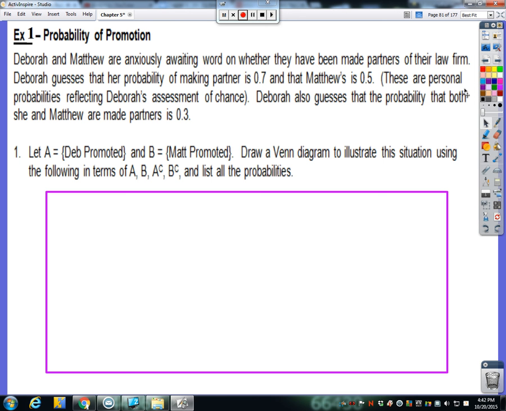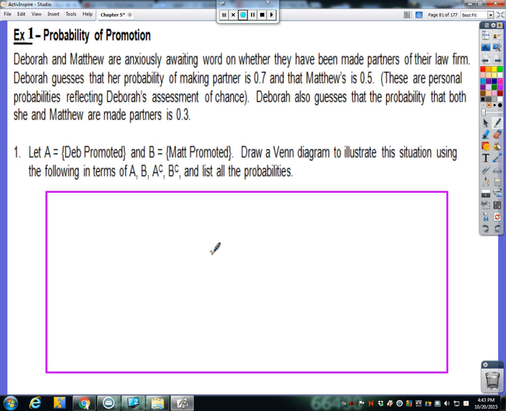All right. So that last statement, that 30% thing, is telling us that the events Deborah is made partner and Matt is made partner are not disjoint events because they could both be made partners of their law firm. But we also have to consider that maybe neither of them is selected partner of their law firm. So the first thing we're going to do is draw a Venn diagram illustrating event A, Deb is promoted, and B, Matt is promoted.